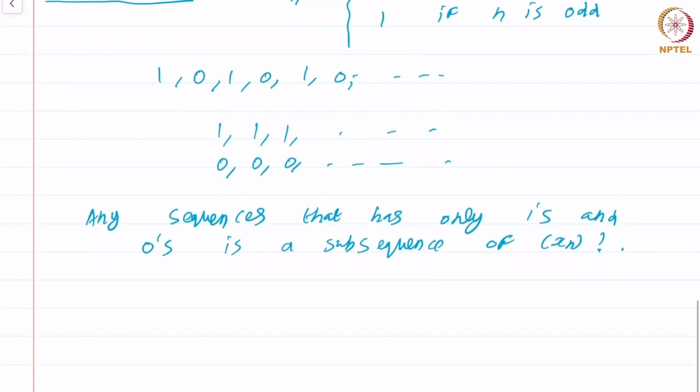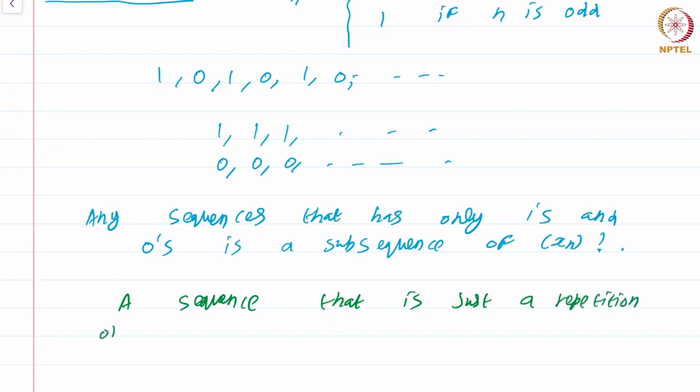These are known as constant subsequences. A sequence that is just a repetition of a single constant is called a constant sequence. Not a very creative name, but at the same time, no need to be creative when it's not needed.